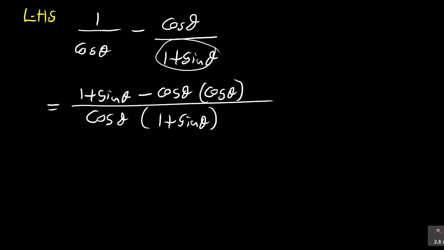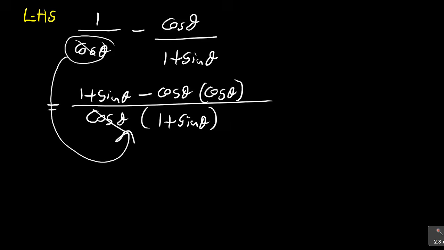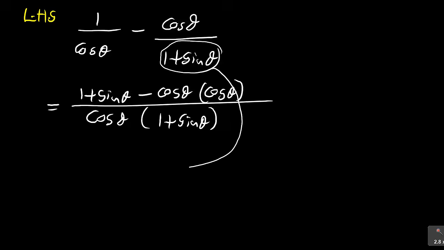I hope you're seeing what I'm doing. In the beginning, it's this into this, so you will cancel that to be left with 1 plus sine theta, which is what I wrote, times the top, which is that one, which doesn't change anything because it's times 1. And the second one, as I said, I repeat, it's that dividing into this numerator.